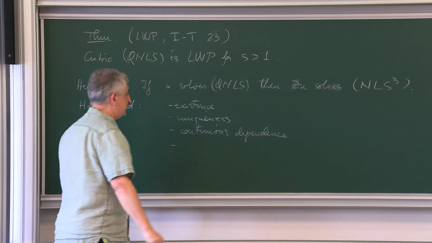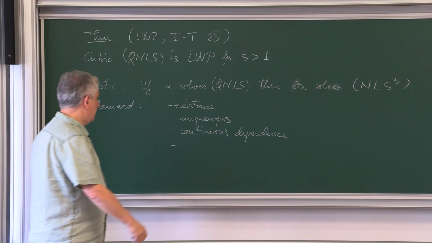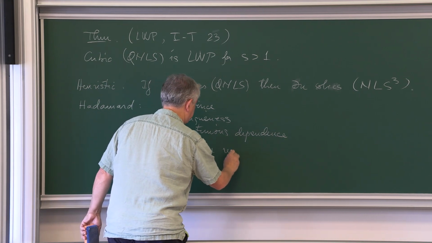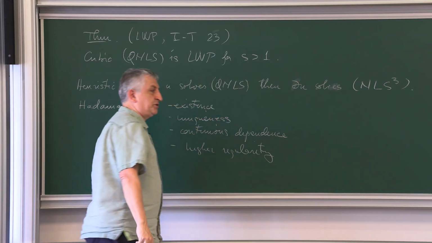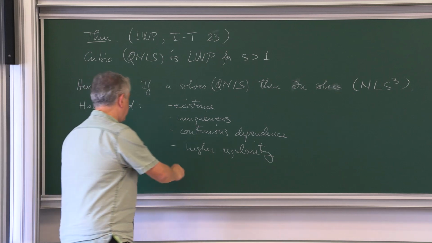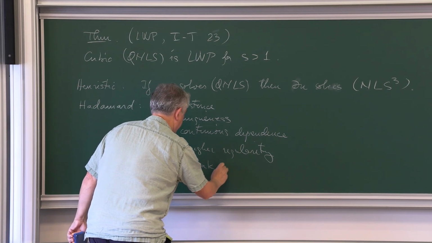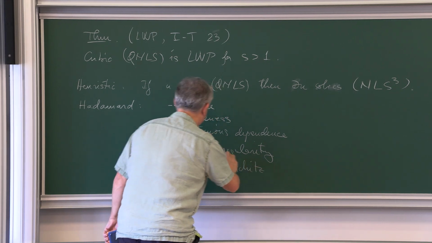But in addition to these three properties, we add maybe two more properties. One, call it higher regularity, which is that if in addition your initial data has more regularity, then that regularity is preserved, and a weak Lipschitz property.